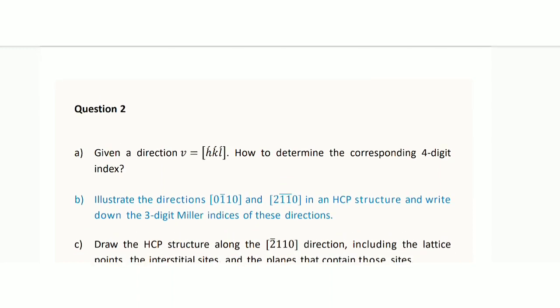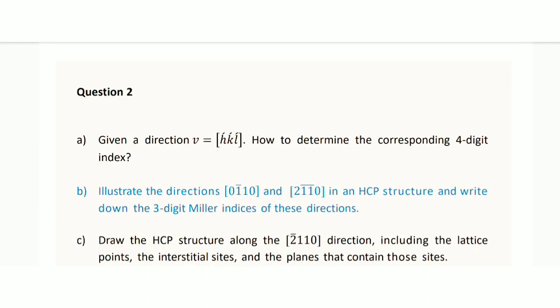Let me tell you first that there are two index systems that we use to describe directions in the planes. One is the three-digit index system that we simply call Miller indices. The other is a four-digit index system, and we call it Miller-Bravais indices. Miller-Bravais indices use four indices to describe the directions in the planes, and these indices are described as h, k, i, and l.